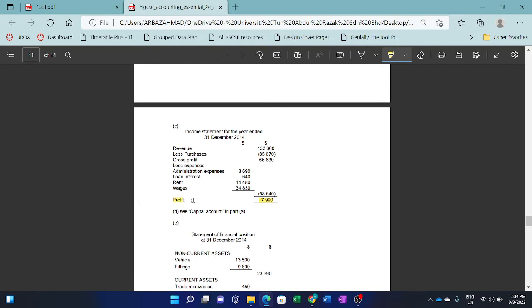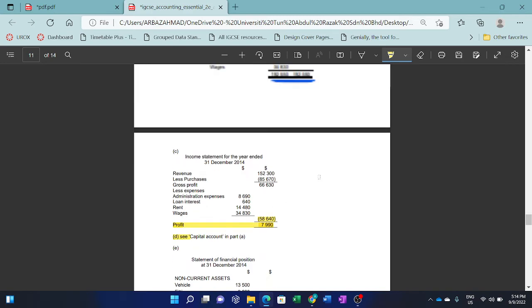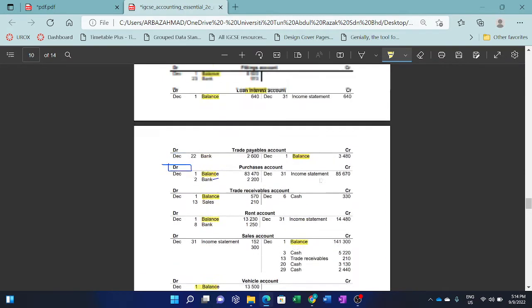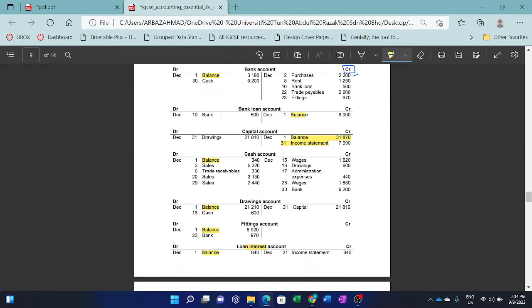Okay, so we minus all the expenses from the gross profit, and we should be getting 7,999.